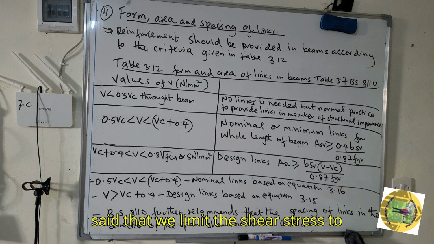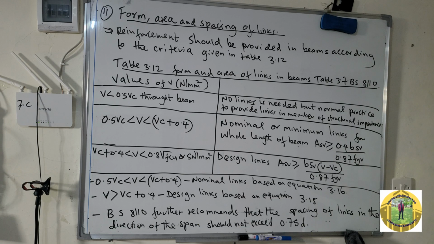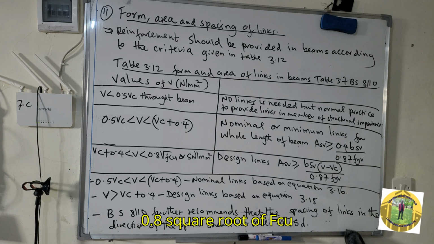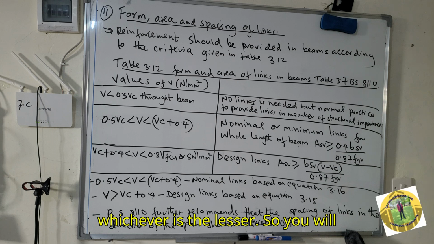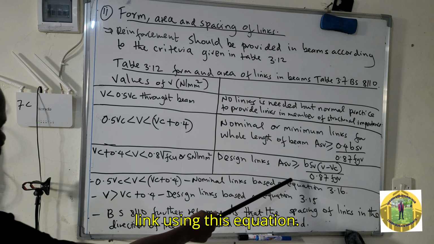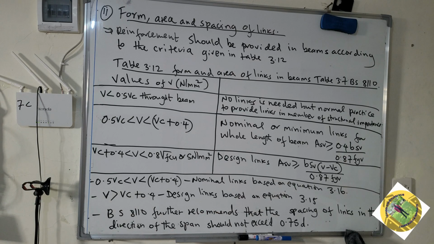Remember we said that we limit the shear stress to 5 Newton per millimeter square or 0.8 square root of fcu, whichever is the lesser. So you will design the link using this equation.